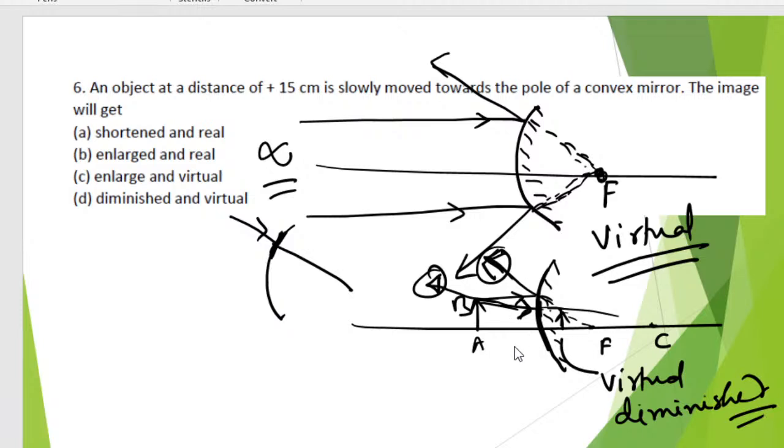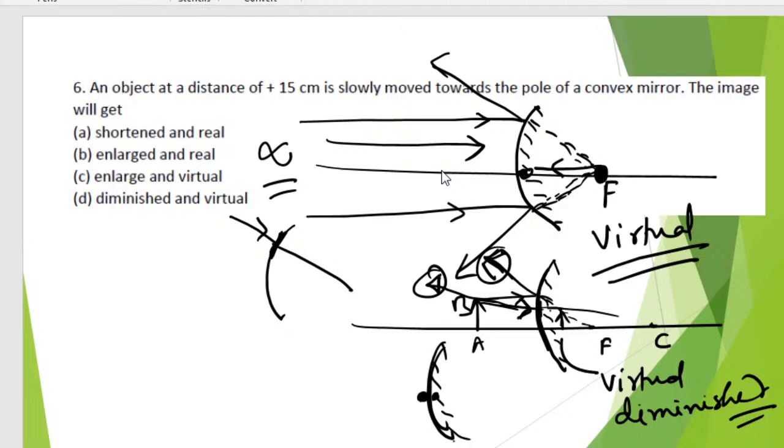Again, if the object is exactly on the mirror, the image will also be exactly on the mirror, just behind it. So the image is moving from F to this point. So the first option is wrong, shortened and real; real is totally wrong.